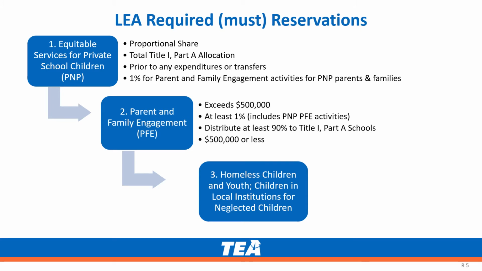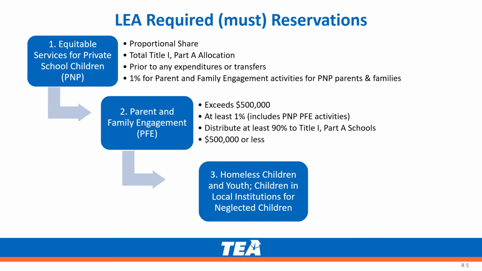Section 1116 of the ESSA statute requires an LEA with a total Title I allocation that exceeds $500,000 to reserve at least 1% of its total Title I allocation to carry out statutorily required parent and family engagement activities.